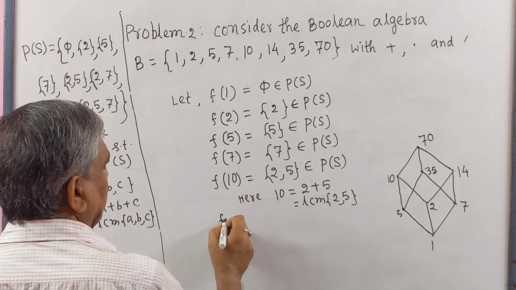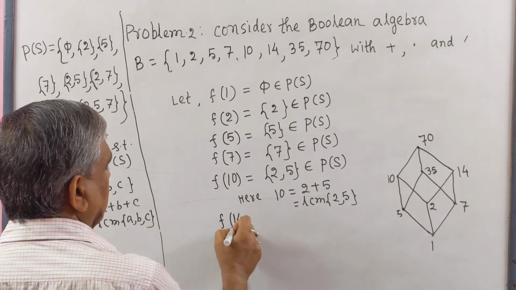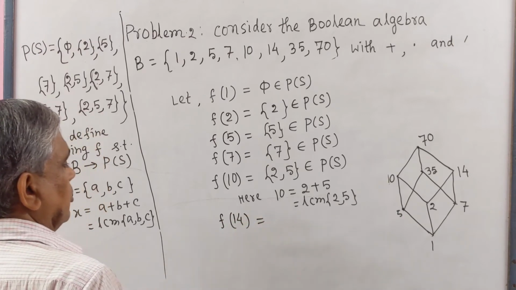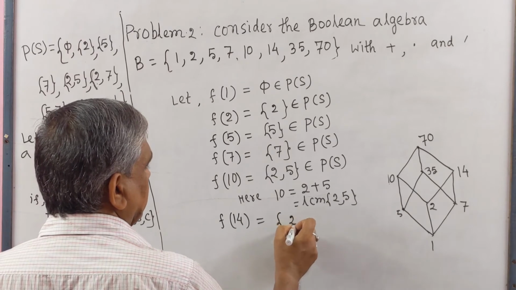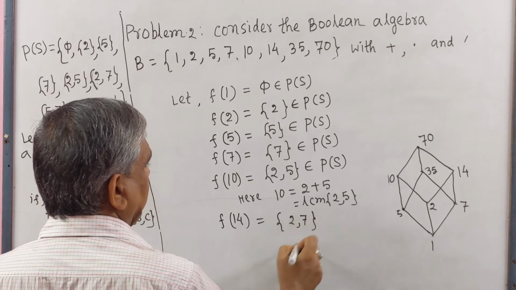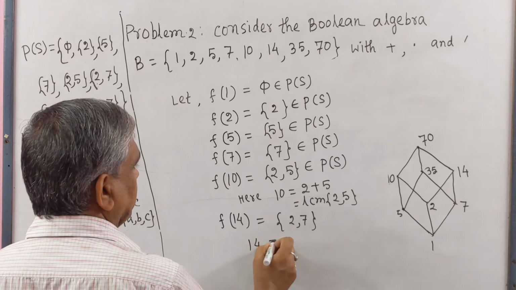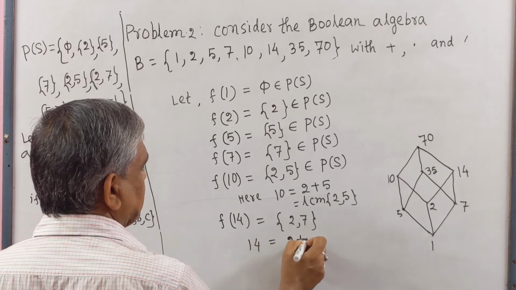F14 equal to set containing elements 2 and 7. 14 equal to 2 plus 7.